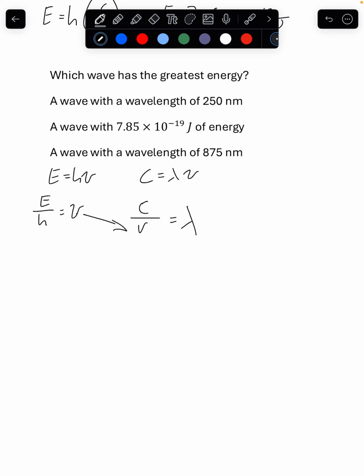Where that frequency gets plugged in there, so instead I can say the speed of light divided by energy divided by Planck's constant is equal to the wavelength. Hopefully that's clear to see.